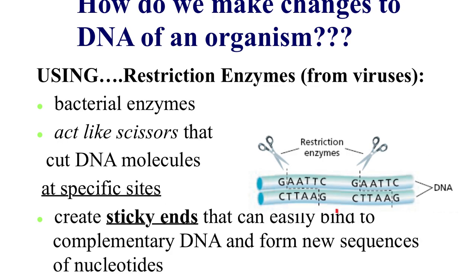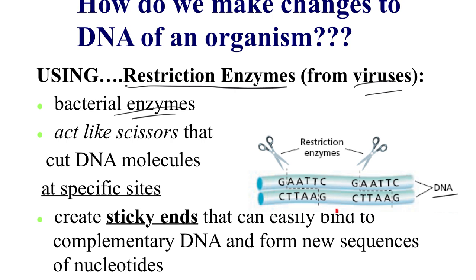A major tool used by genetic engineers is restriction enzymes. We can extract these from viruses and bacteria. These enzymes act like scissors that cut a DNA molecule at specific sites.